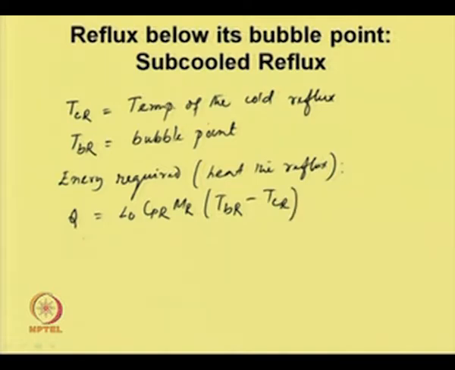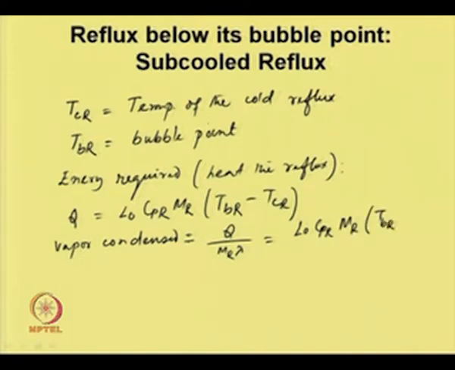And the vapor condensed is equal to Q by MR lambda, which is equal to L naught CPR MR, TBR minus TCR, divided by MR lambda.